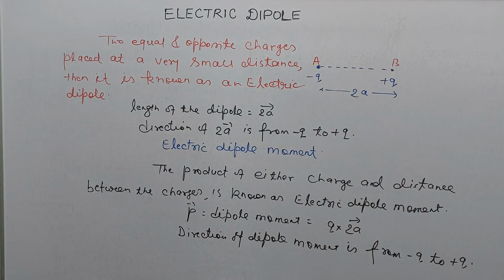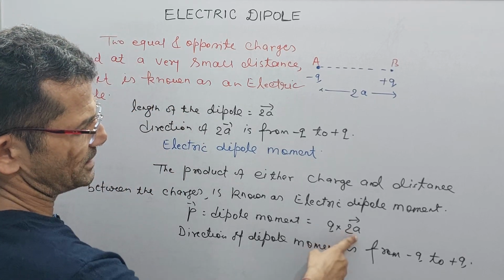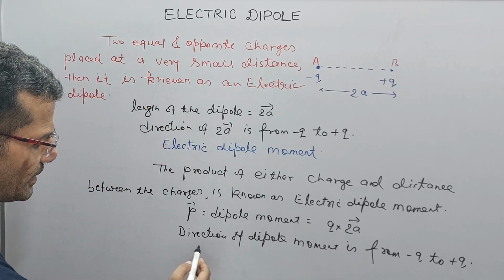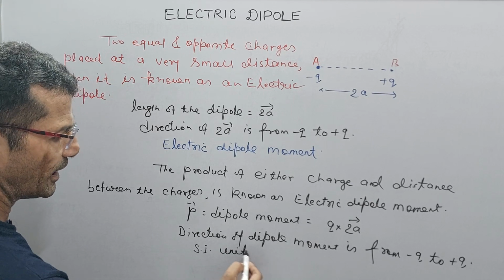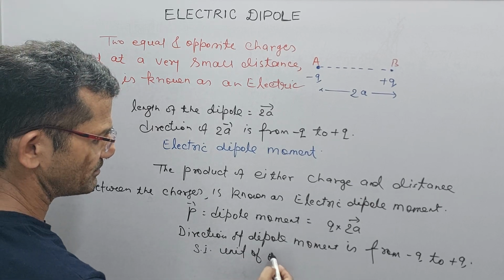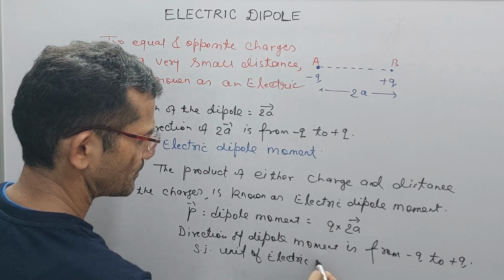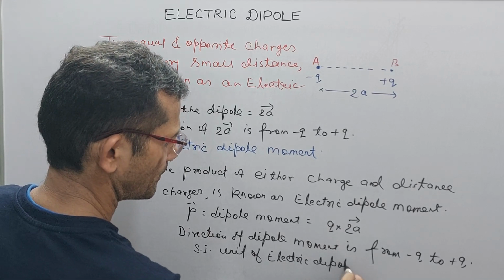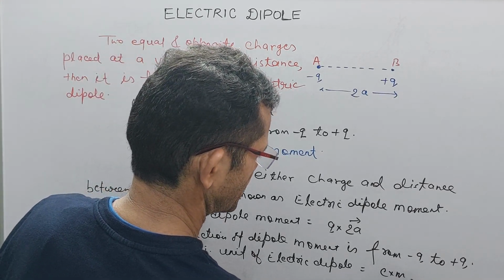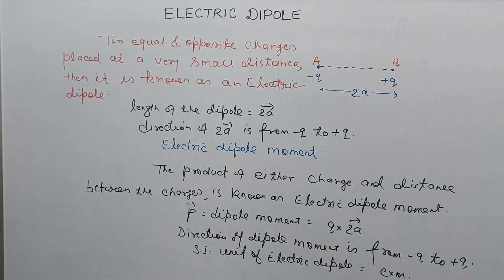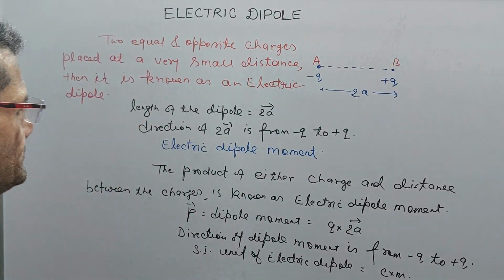Now about its unit: the SI unit of electric dipole moment is coulomb multiplied by meter. So this is about the electric dipole moment.